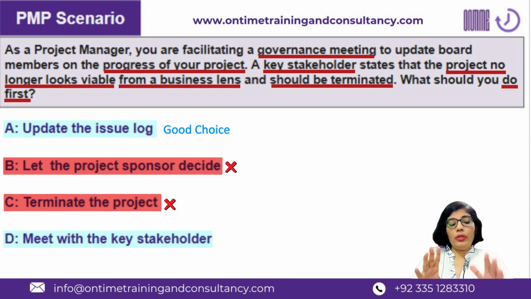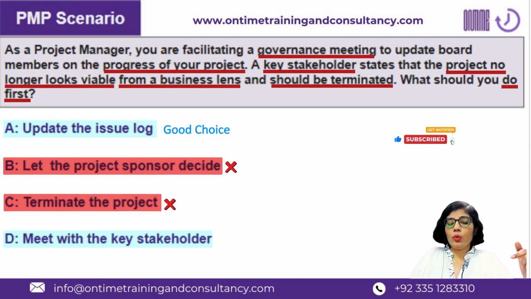However, again, this is exactly what this whole conversation is about: what is the first thing to do? The first thing to do is to qualify the situation as an issue, right? Because it was not anticipated as a risk and it directly comes to you as an issue, like an unknown. So it has to be qualified in the issue log.